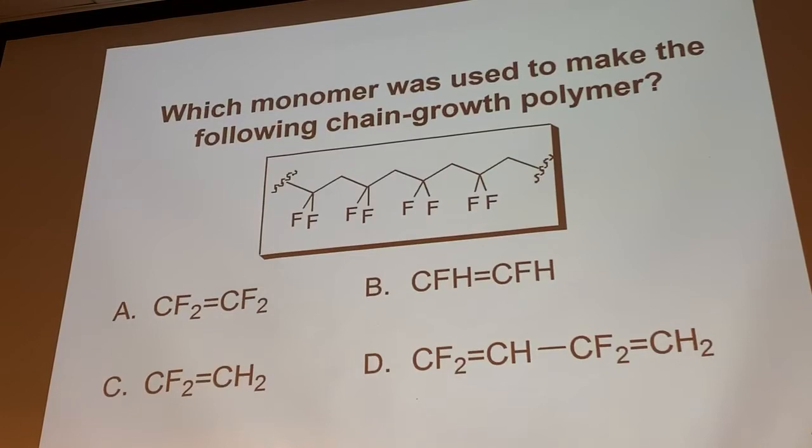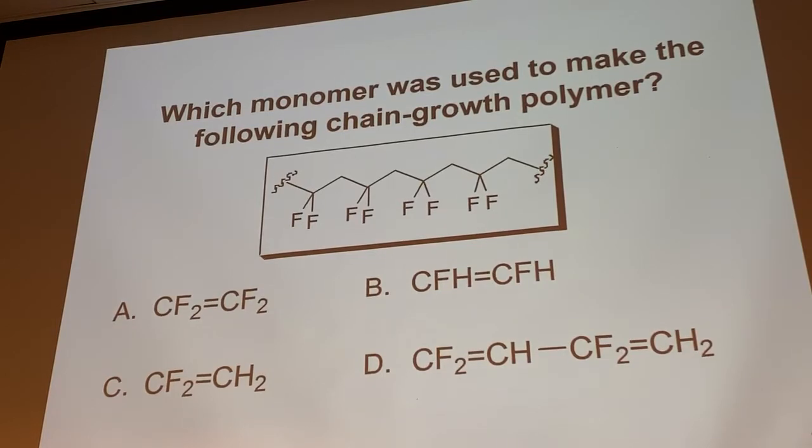And so if you perform a radical polymerization of a diene, you're going to have a double bond in the backbone. Okay, and there's no double bonds here. Okay, very good.